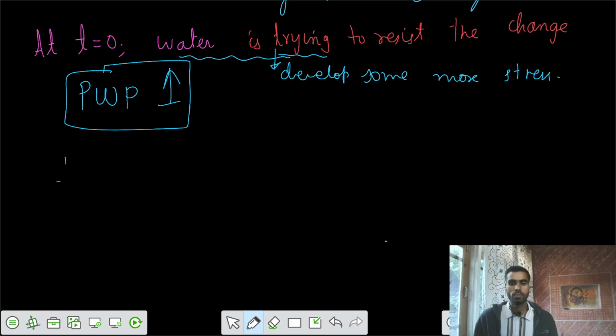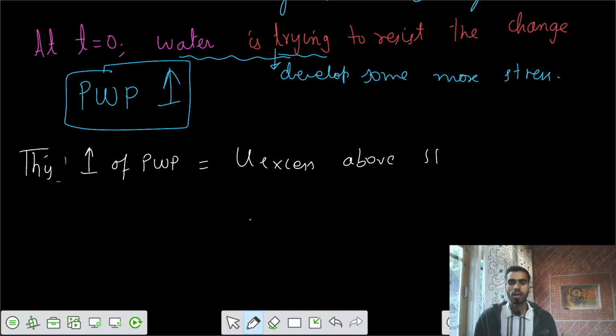This increase of pore water pressure is equal to the excess pore water pressure above the static pore water pressure. So what is the final pore water pressure immediately after the load was applied?